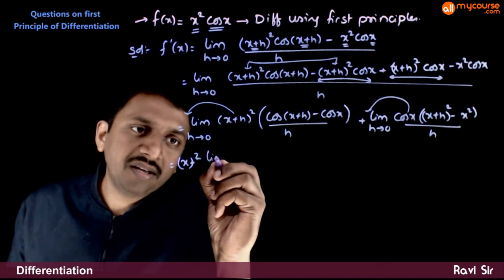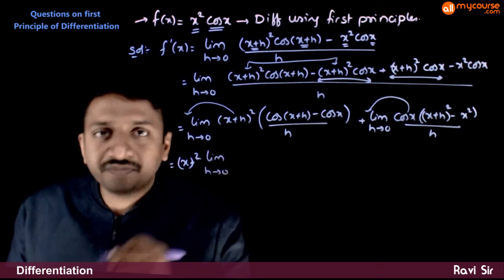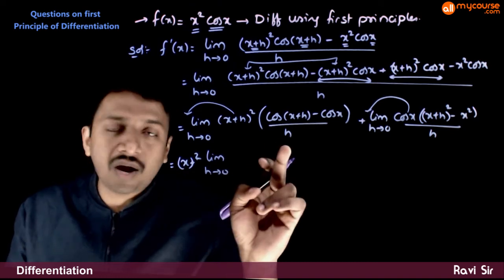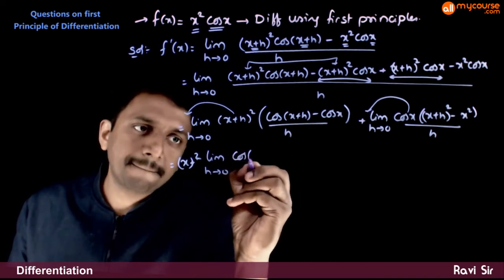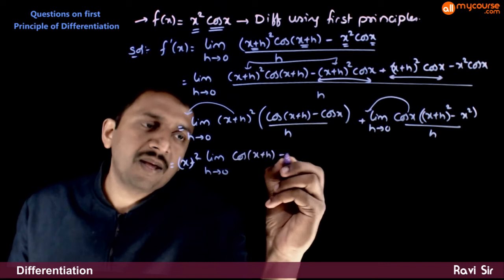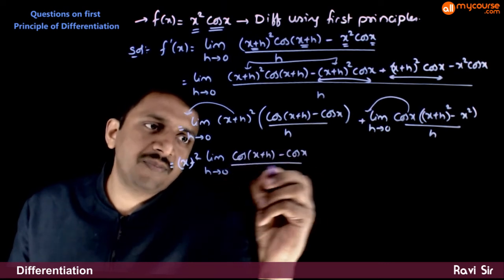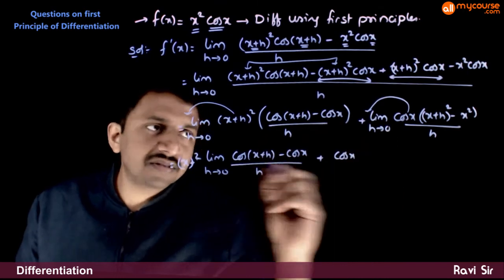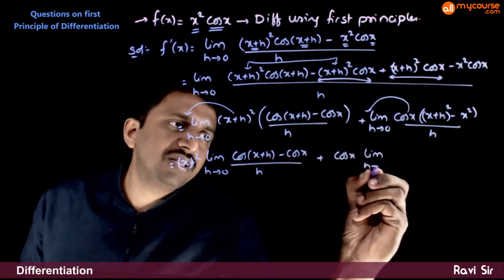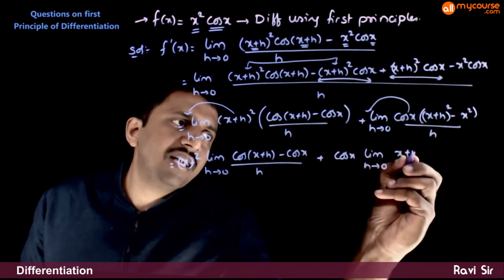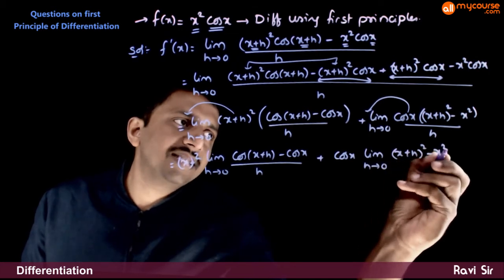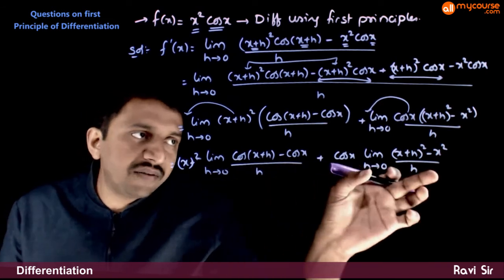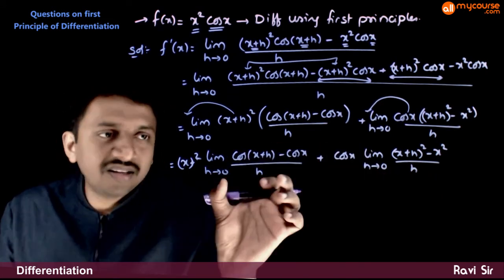So limit h tends to 0 cos x plus h minus cos x by h, plus cos x times limit h tends to 0 x plus h whole square minus x square by h. So now these two are very straightforward limits.